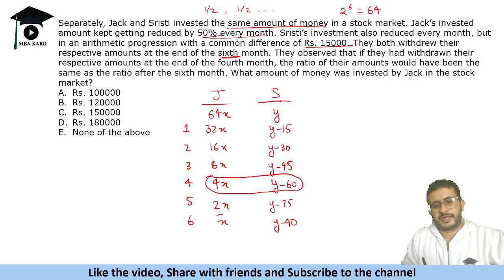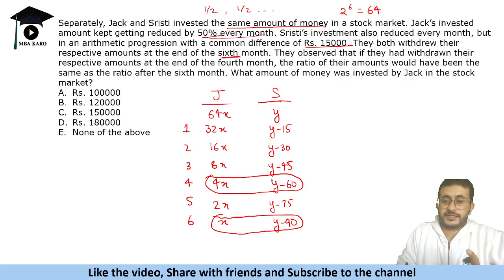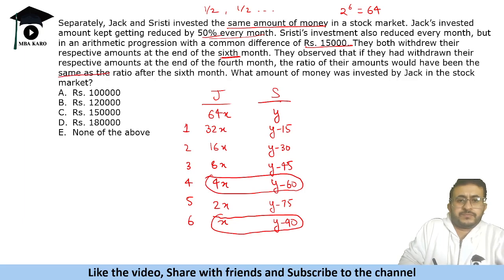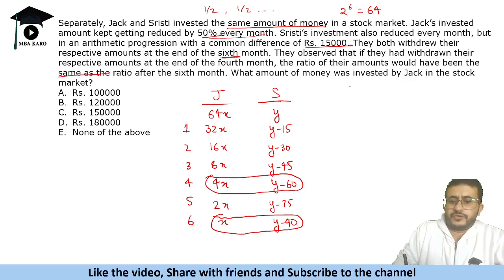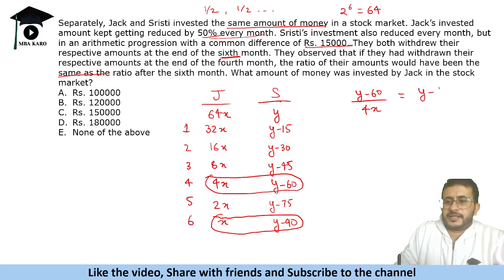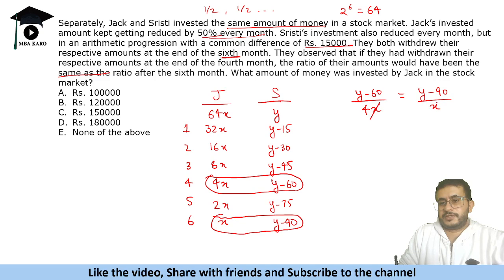Now it is given that the ratio is the same for the fourth month and the 6th month. So the ratio is y minus 60 upon 4x, that is equal to y minus 90 upon x. The ratio is the same, so we'll just knock off x. We get y minus 60 is equal to 4y minus 360.